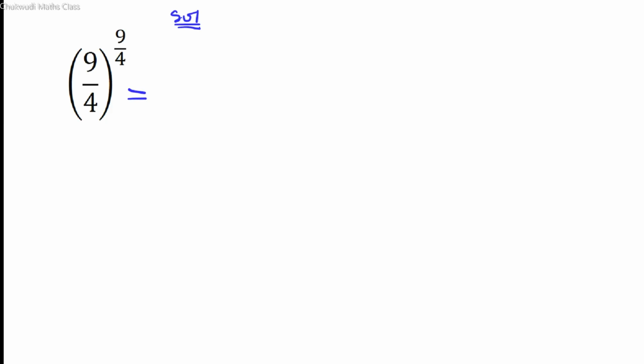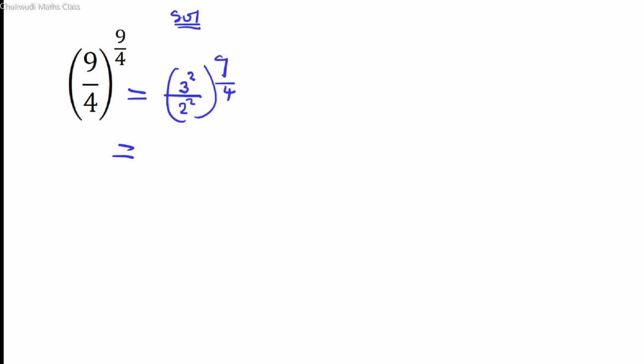This is equal to, let's simplify first of all what we have inside the bracket. Inside the bracket you have 9 over 4, and you know that 9 is 3 raised to the power 2 and 4 is 2 raised to the power 2, all raised to the power 9/4.